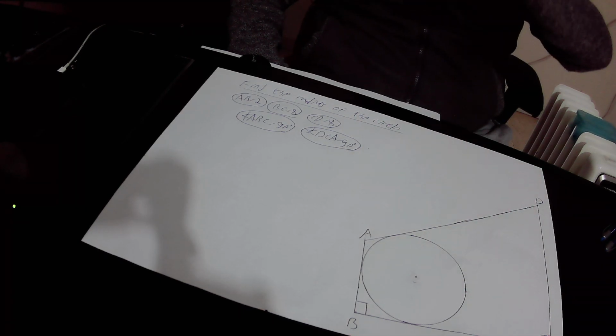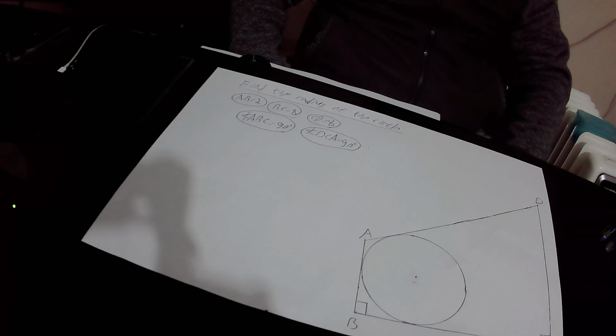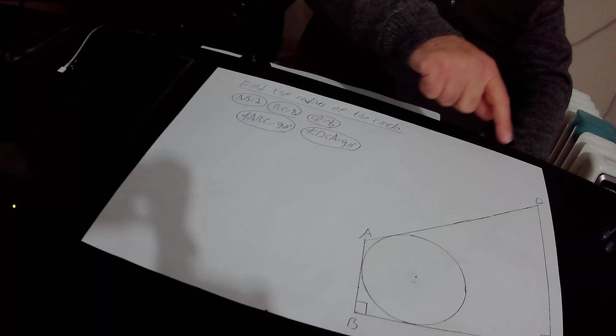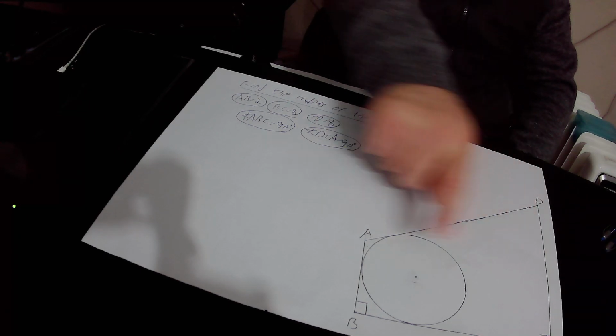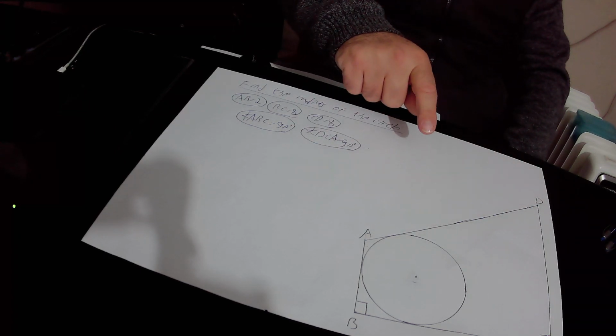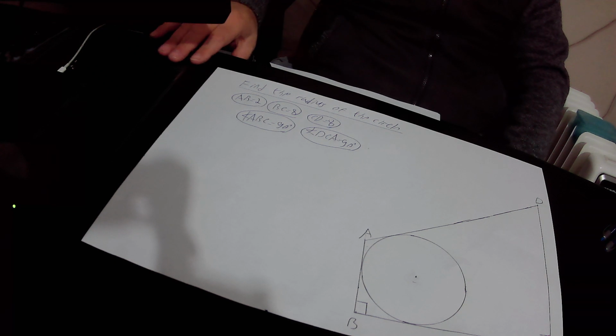So first of all, we'll do construction. That is to say, we'll extend side DA and side CB of this quadrilateral until they touch each other.